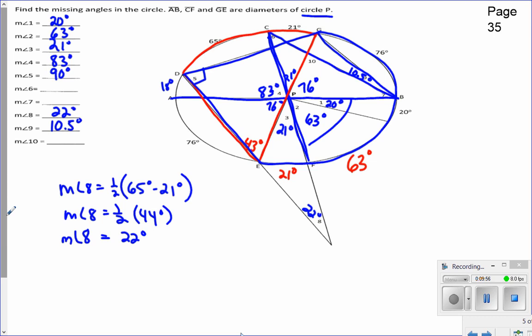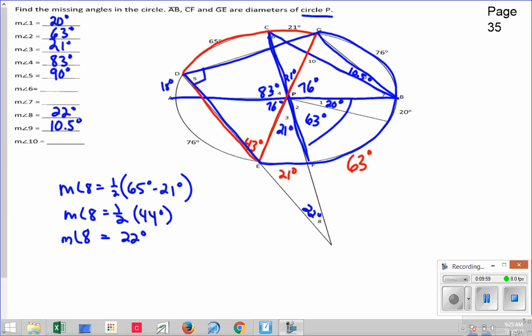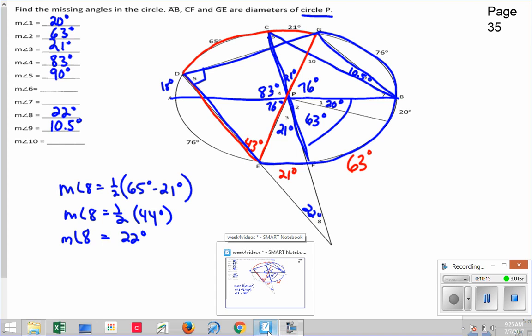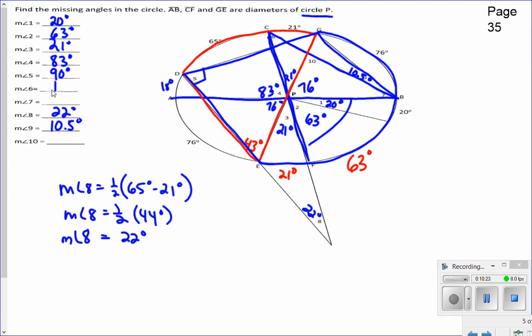Okay, let's see, what else do we know? Okay, I'm seeing angle 6 we need yet, and I'm looking at that, kind of already have it highlighted there. It is an inscribed angle, and its intercepted arc is arc FB. So if I combine 63 and 20, that gives me 83. So 83, if I divide that in half, is going to give me 41.5 for angle 6. Okay. So we also need 7.